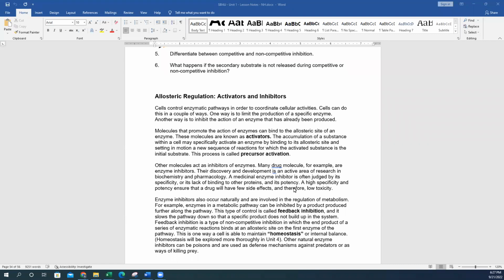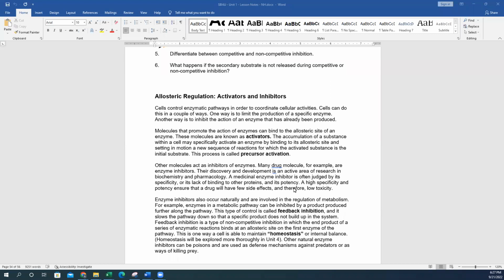And when you have this type of regulation, this is called feedback inhibition, because you have the product that is coming downstream later on in the pathway, feeding back upstream and inhibiting that enzyme from producing more of it. So this is called feedback inhibition. It slows down the pathway so that a specific product doesn't build up in the system.